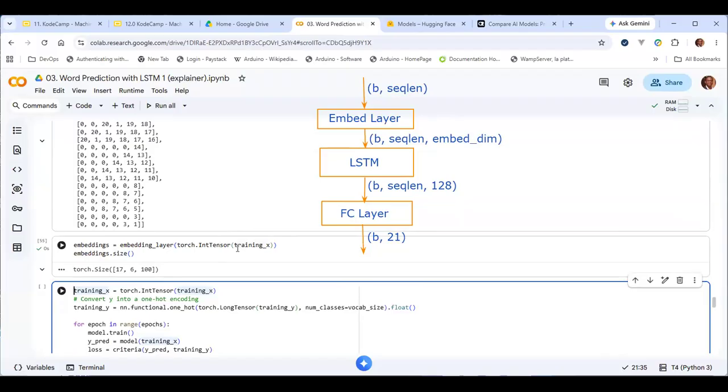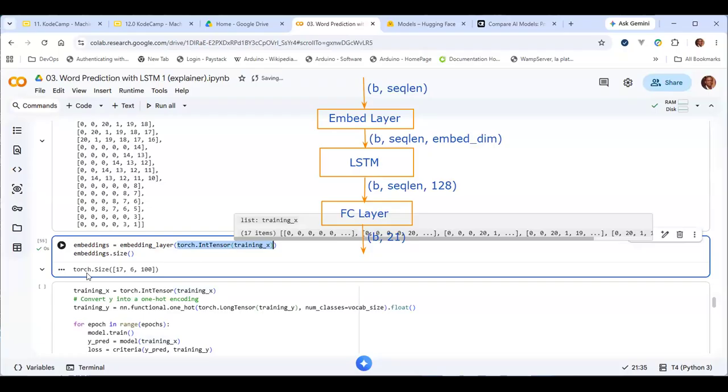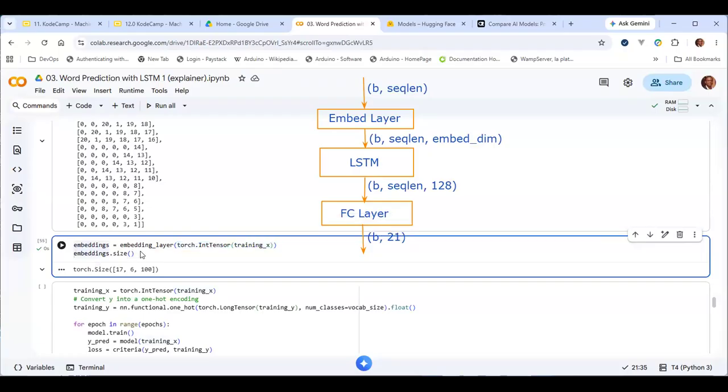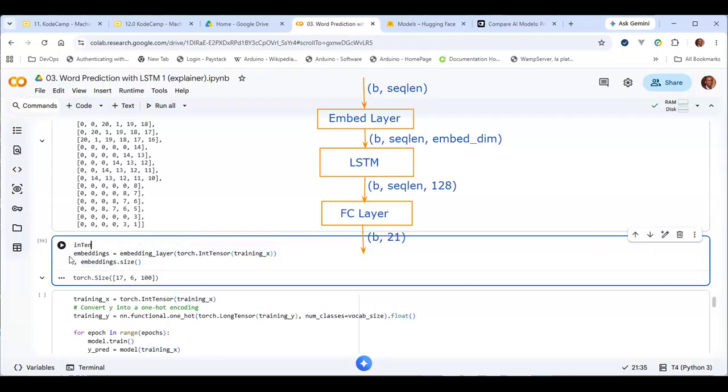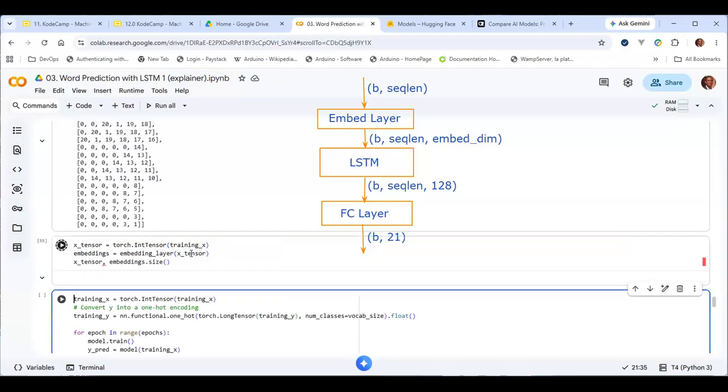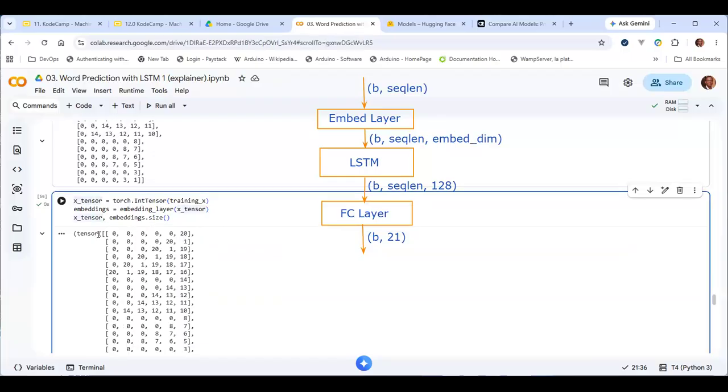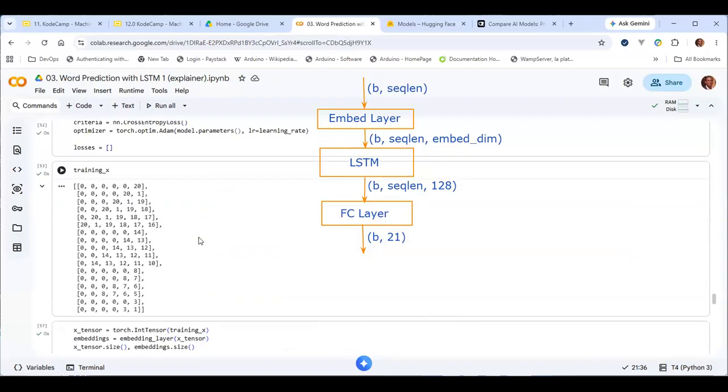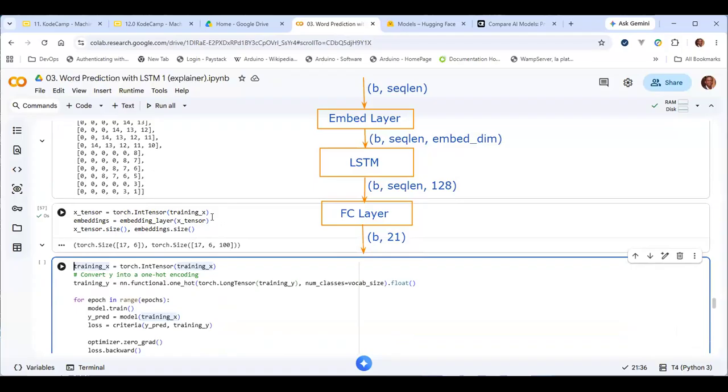What we passed in was the input tensor, a tensor that you make from training X. So I pass the input tensor into this.